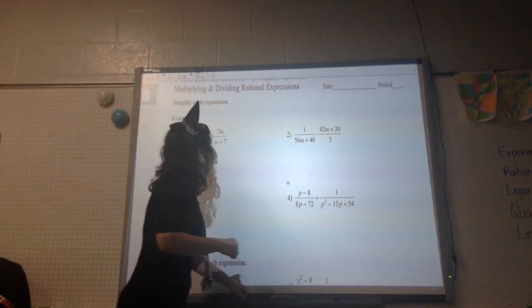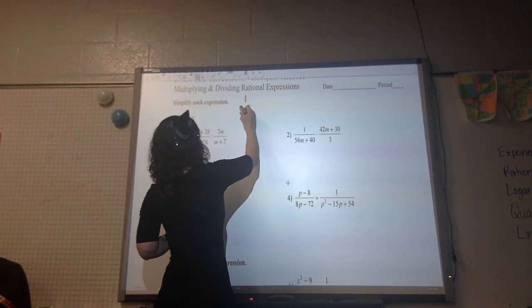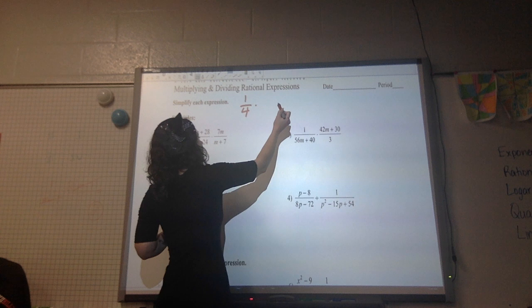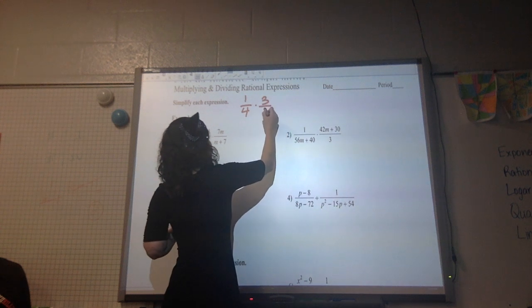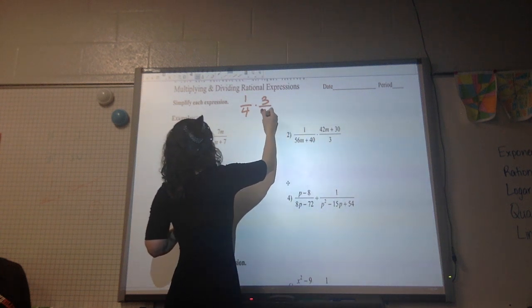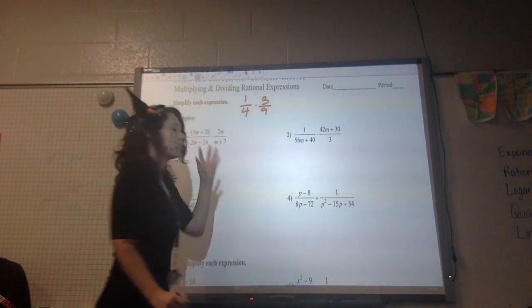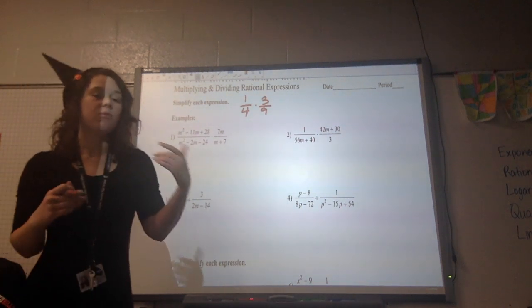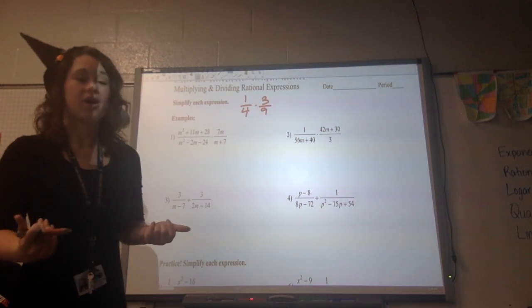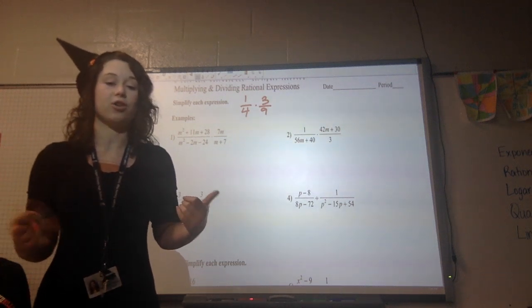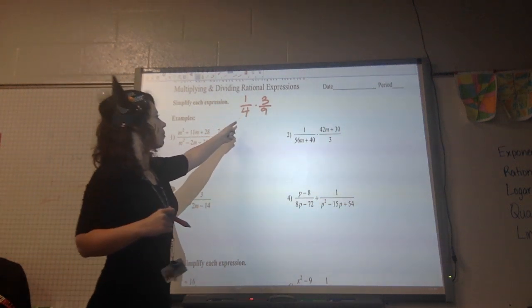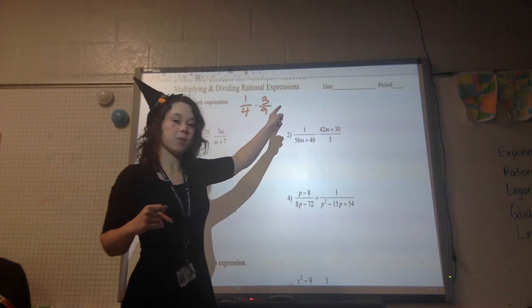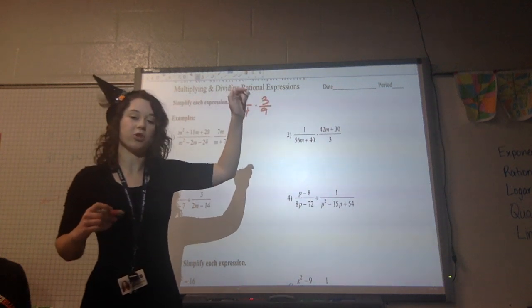Let's say I gave you two fractions and I said 1/4 times, let's say, 3 over 9. Let's say I was going to multiply those fractions. If I'm multiplying fractions or if I'm dividing, I don't have to have a common denominator. It doesn't matter that there's a 4 on the bottom of this one and a 9 on the bottom of this one. I can multiply straight across.